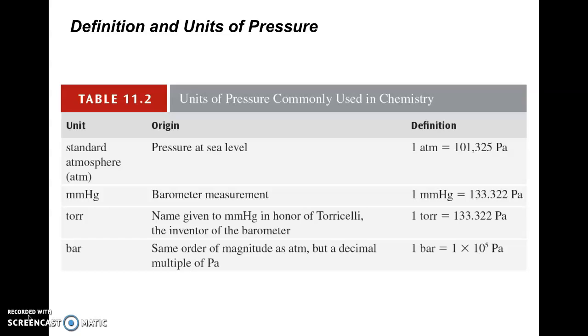A torr is equal to a millimeter of mercury. And in weather, they talk about bars or millibars. A bar is on the same order of magnitude as an atmosphere, but it is a decimal multiple. You can see 10 to the 5th pascals.